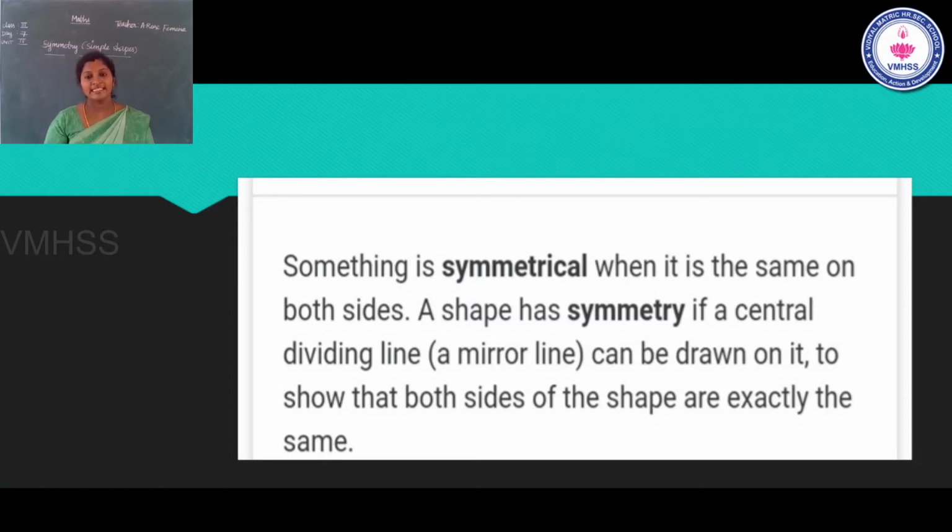A shape has symmetry if a central dividing line, a mirror line, can be drawn. For example, see the board.